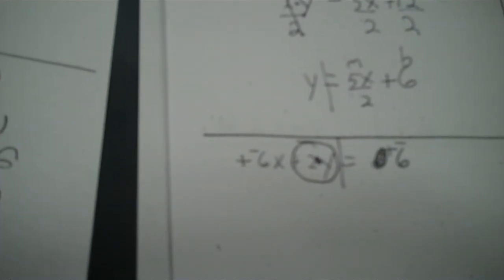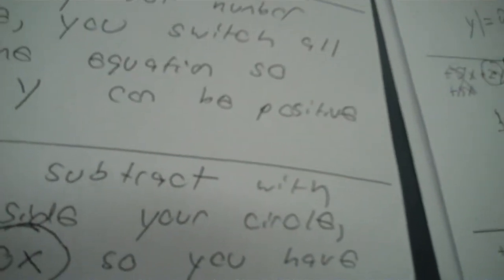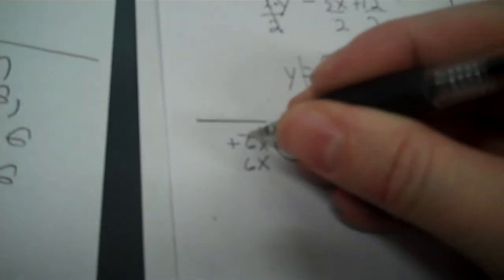Okay, that number I circled, is it positive or negative? We need it positive, it is, so I don't change opposites, okay? Now you add or subtract the outside, just like before. You have a negative, so you're going to plus it. Remember to put the X with it, okay?